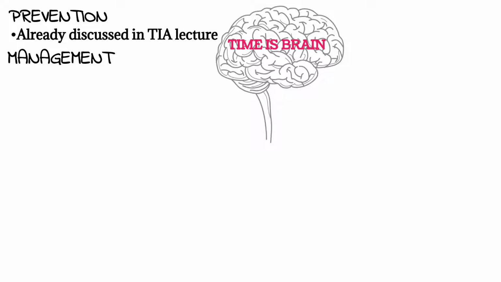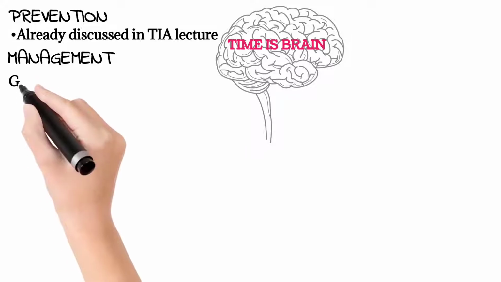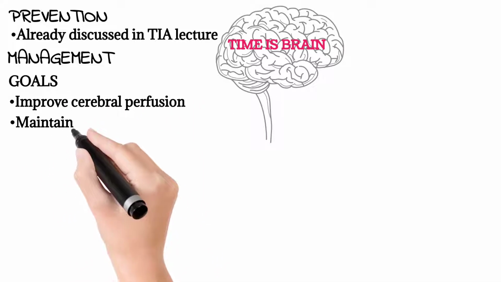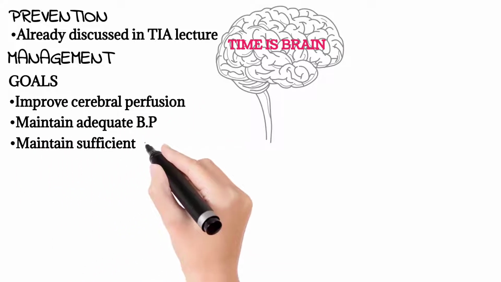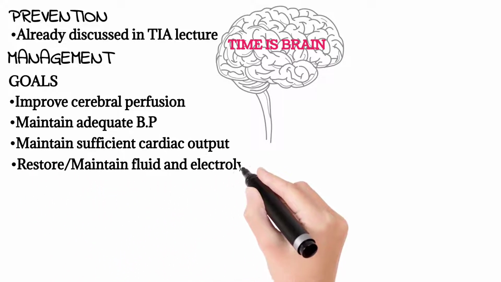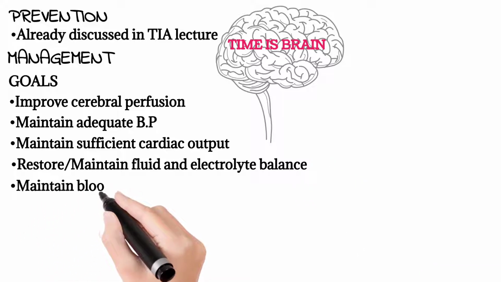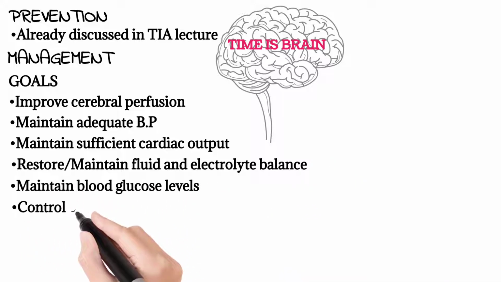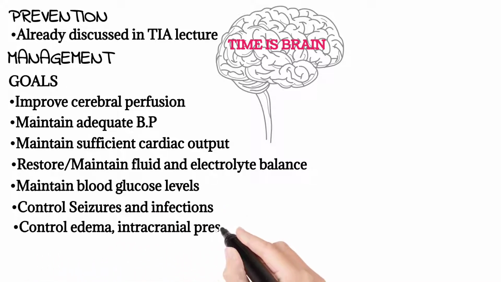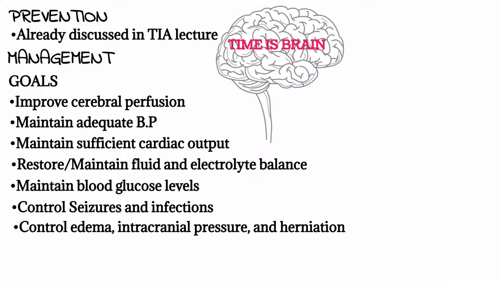Before we proceed to management, let's discuss the goals which we need to achieve. So important goals are that we need to improve cerebral perfusion, maintain adequate blood pressure and sufficient cardiac output, restore or maintain fluid and electrolyte balance, maintain blood glucose levels, control seizures and infections if any, then control edema, intracranial pressure and herniation.